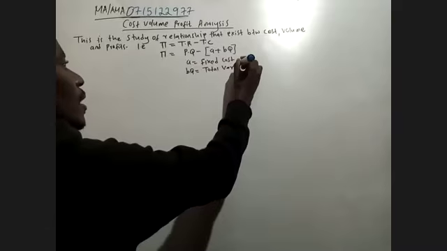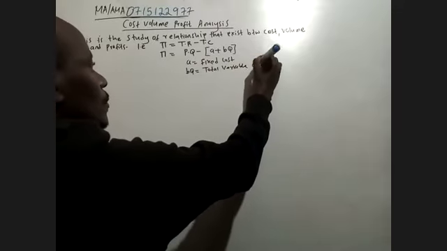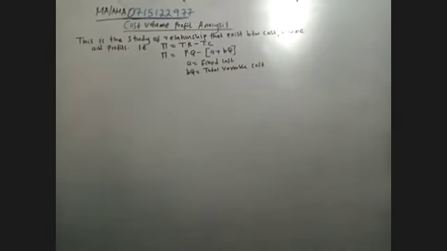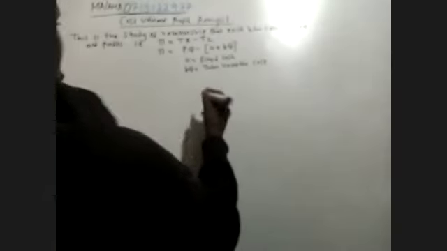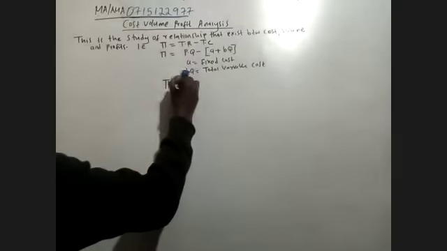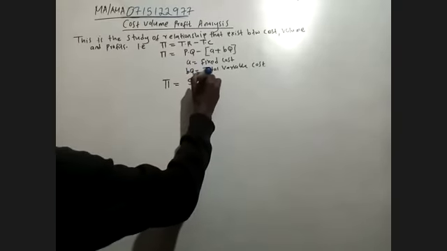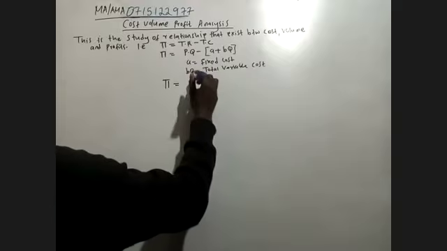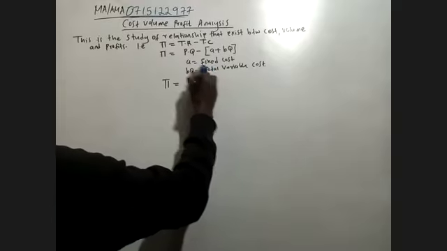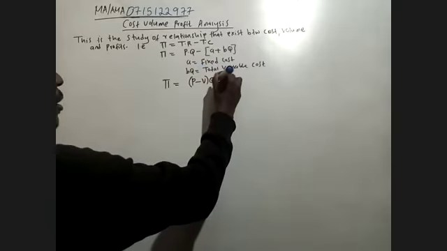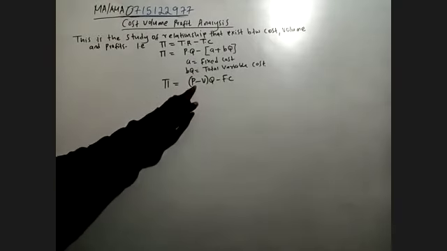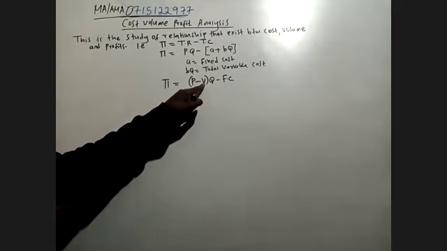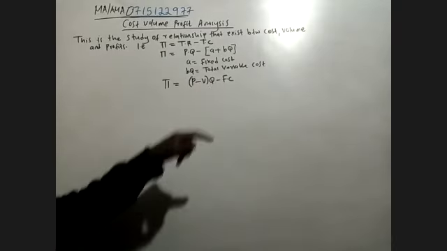Another relationship: profit is equal to selling price per unit minus variable cost per unit, times quantity, less fixed cost.